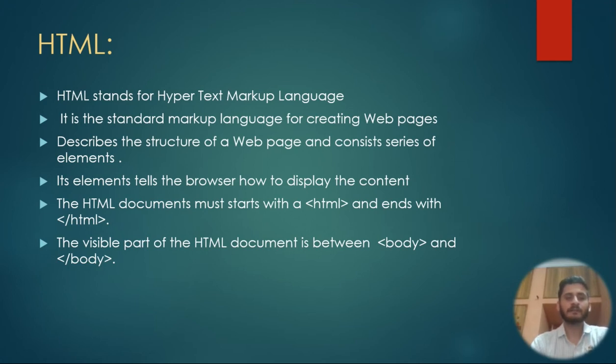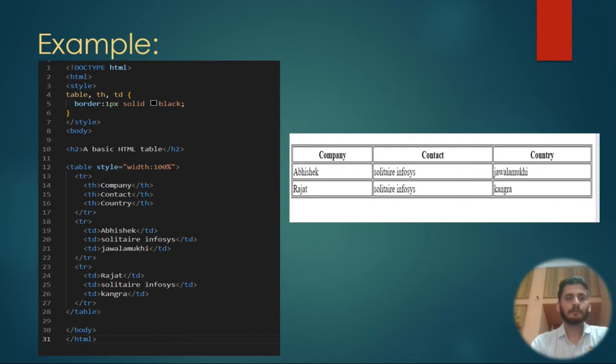Its elements tell the browser how to display the content. HTML documents must start with the HTML tag and end with the closing HTML tag. The visible part of the HTML document is between the body tag. This is an example of HTML which shows how to make a basic HTML table.